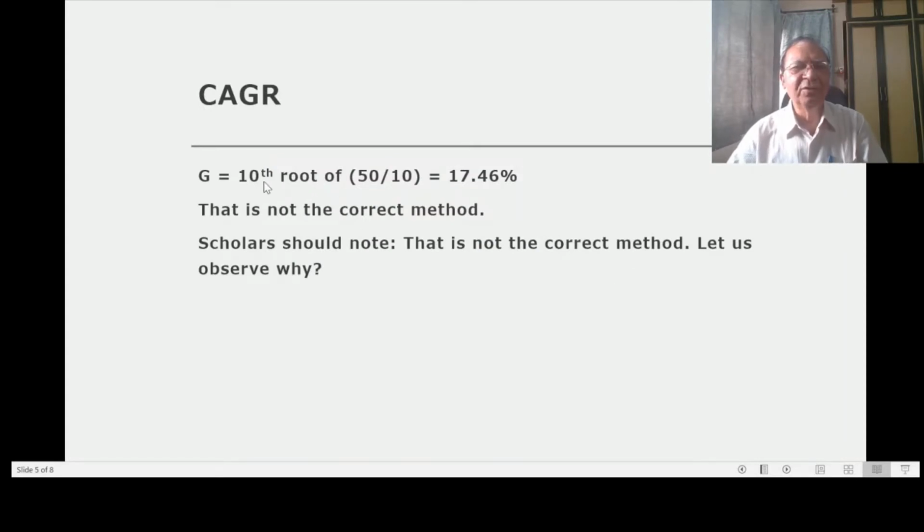So we find out the compounded growth rate, 10th root of 50 divided by 10. This comes out to be 17.46%. This is not the correct method. Scholars should note that it is not the correct method. Let us observe why.